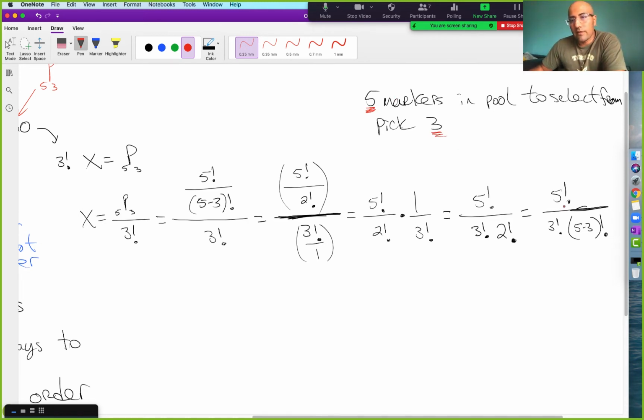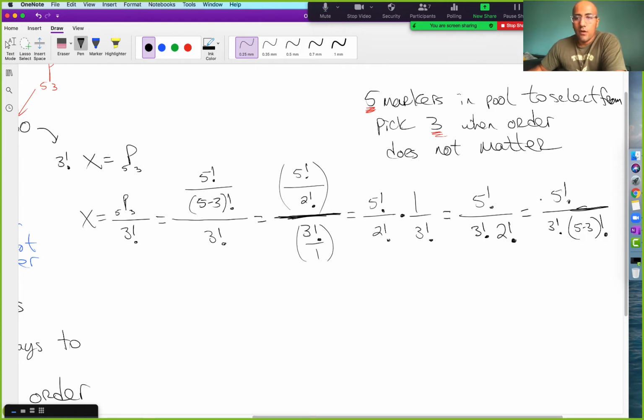And look at our formula. It's the 5, which is the total in our pool, and then we're picking 3, and there's a 3 there and a 3 there. So this is the formula for combinations, the case where we pick 3 when order does not matter.